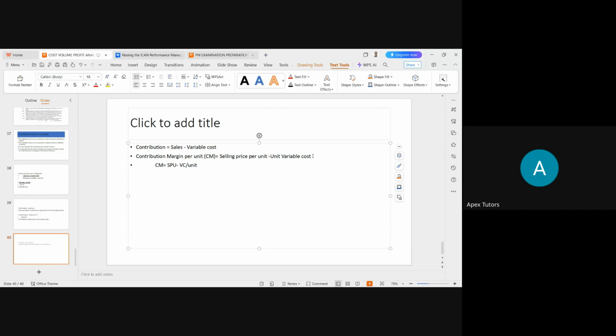So also we have contribution margin ratio. In simple terms it can be expressed as CMR.